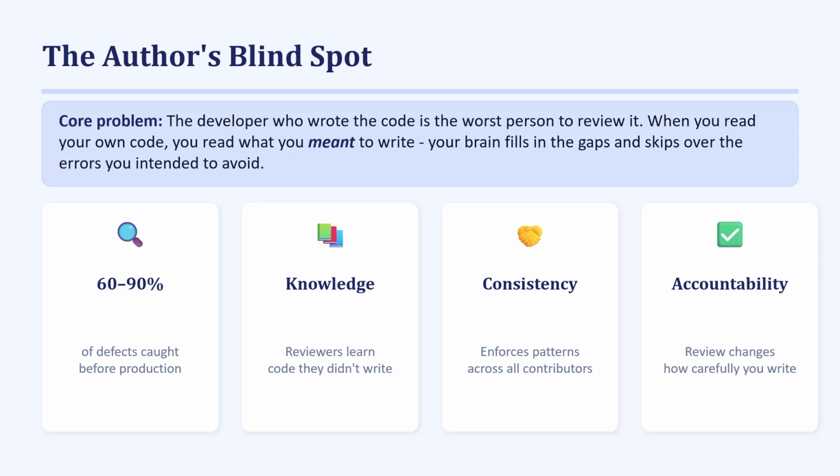And then accountability means knowing your code will be reviewed, which ultimately changes how carefully you will write it, right? Because it's that observation theory that if no one is looking at me, I might act differently than if I think someone is looking at me. And so when we know someone's going to look at our code, we will write it better.